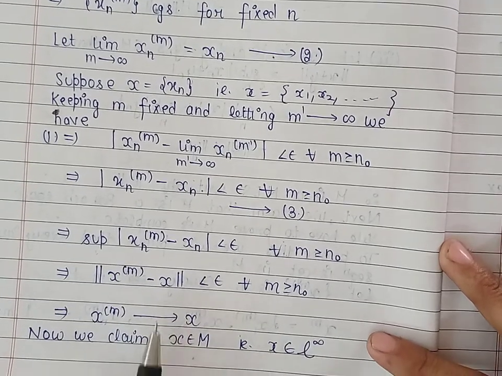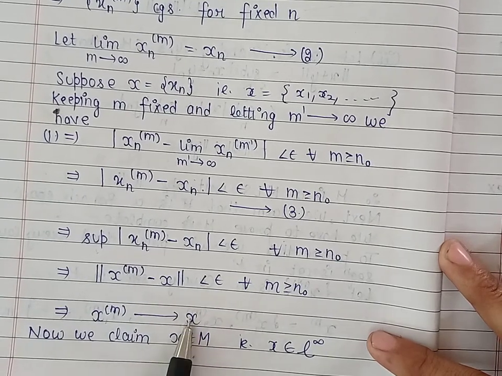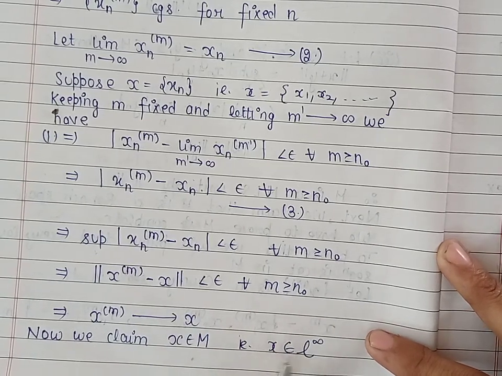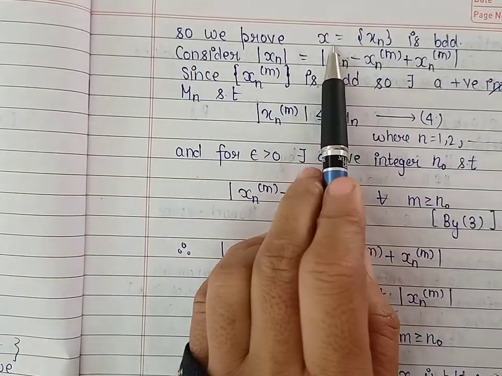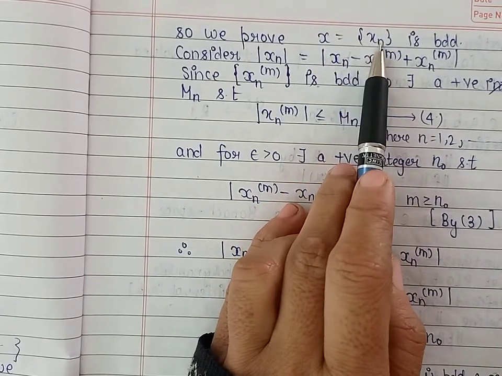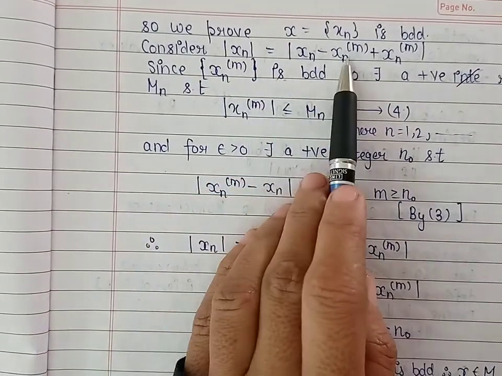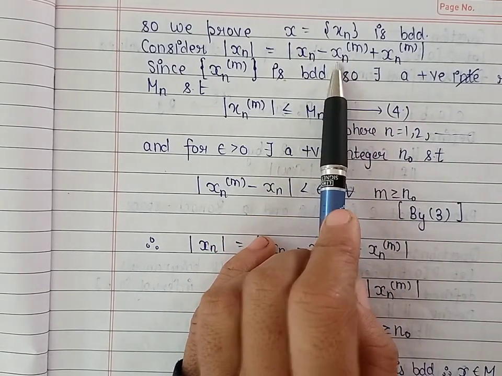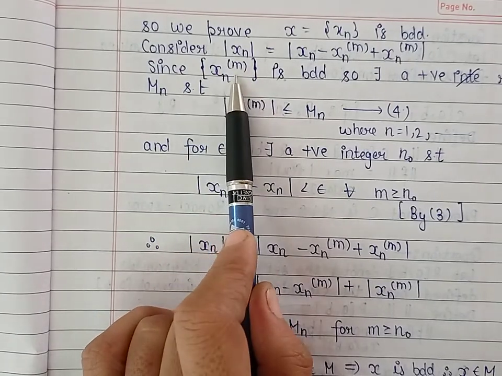Now our last step is to prove that this limit function belongs to the sequence space L infinity. So we are to prove that x is bounded. Now x has the coordinates denoted by xn. Now let us consider mod xn, adding and subtracting xnm inside this mod. Now because xm belongs to the sequence space L infinity, this is a bounded sequence.